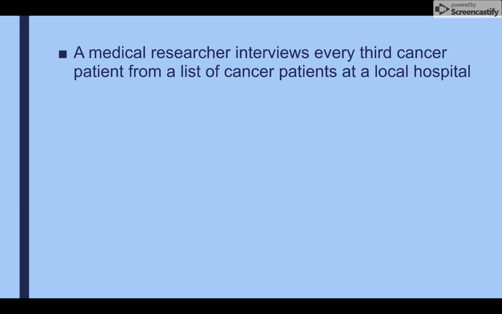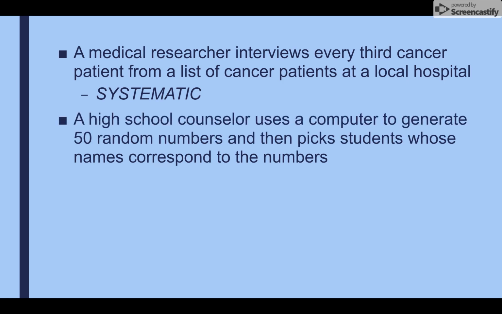A medical researcher interviews every 3rd cancer patient from a list of cancer patients at a local hospital. I have 3rd, so that's systematic. Scenario 6. A high school counselor uses a computer to generate 50 random numbers and then picks students whose names correspond to the numbers. That's random, using a random number generator.